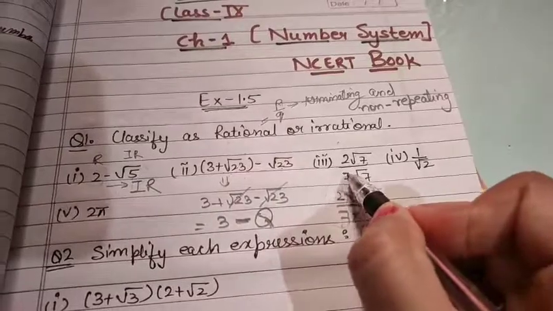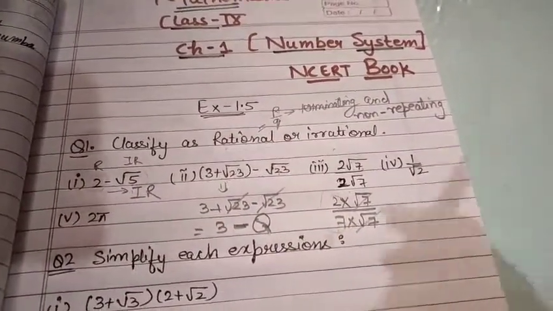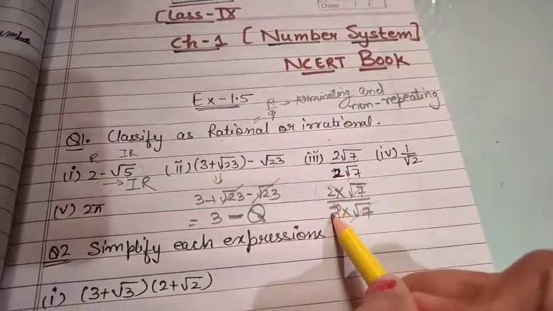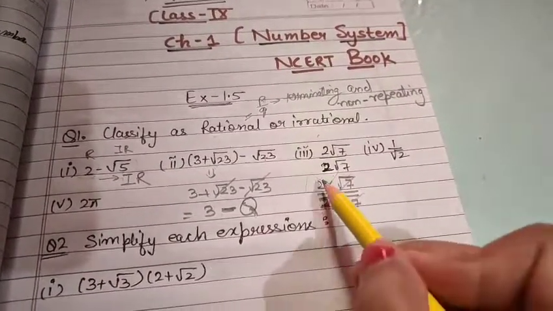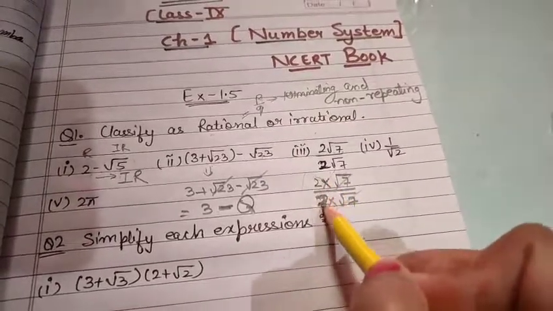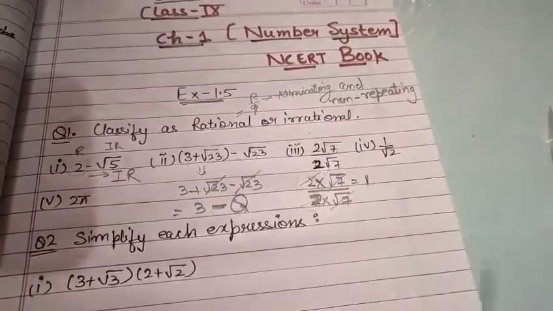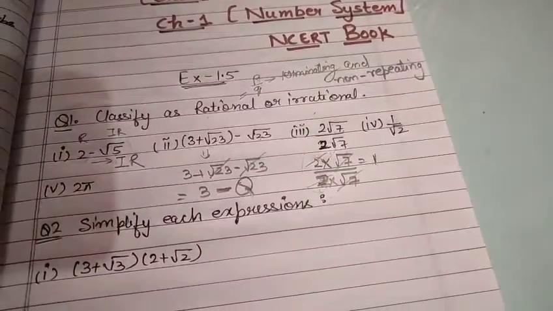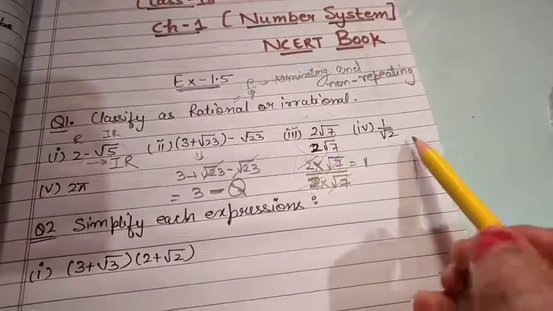Sorry, this is 2 here, 2 root 7. That means it is also 2. Now look, root 7 cut out, we will be left with 2 by 2. That means the answer will be 1, and 1 is a rational number. So that means this expression is also a rational number.